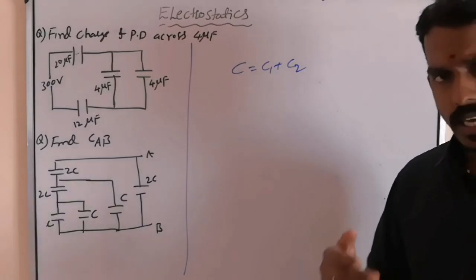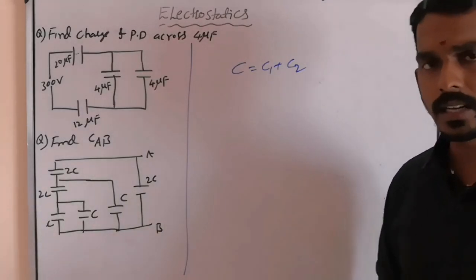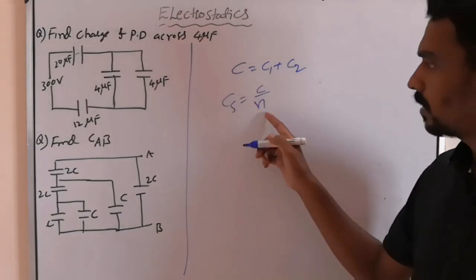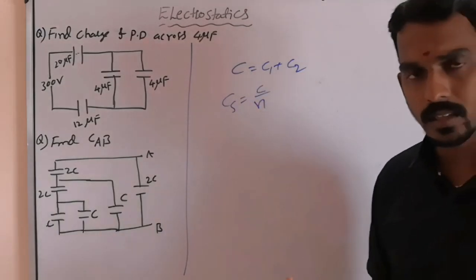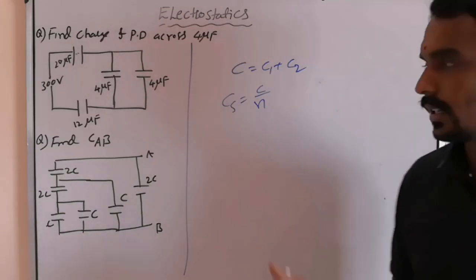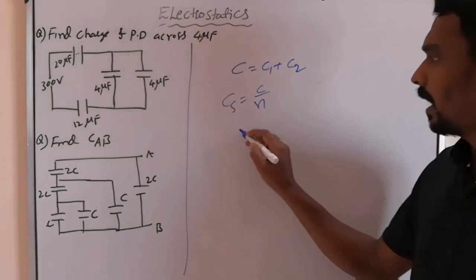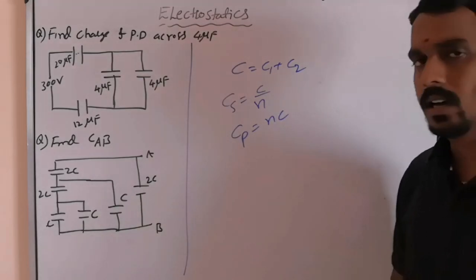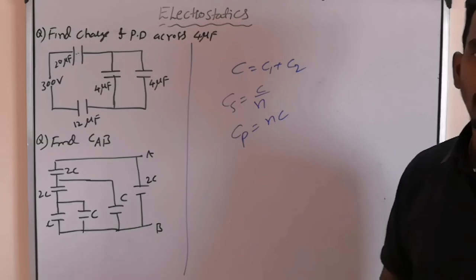If N equal capacitors are connected in series, the resultant is C by N. For example, 10 equal capacitors in series give C by 10, or in parallel, N into C. These are the basic things you need to remember.